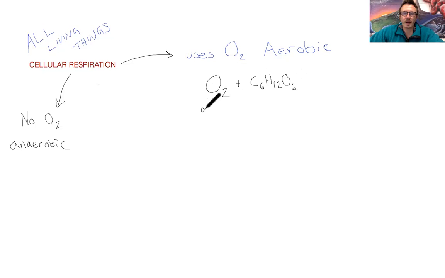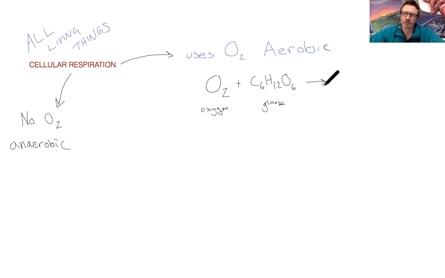So here we have oxygen. Here we have glucose, which is just a type of sugar. And during aerobic respiration, our cells take the oxygen and use it to break down glucose. What we're trying to do is get the energy out of the chemical bonds, right? If we break down glucose, we're going to release energy.